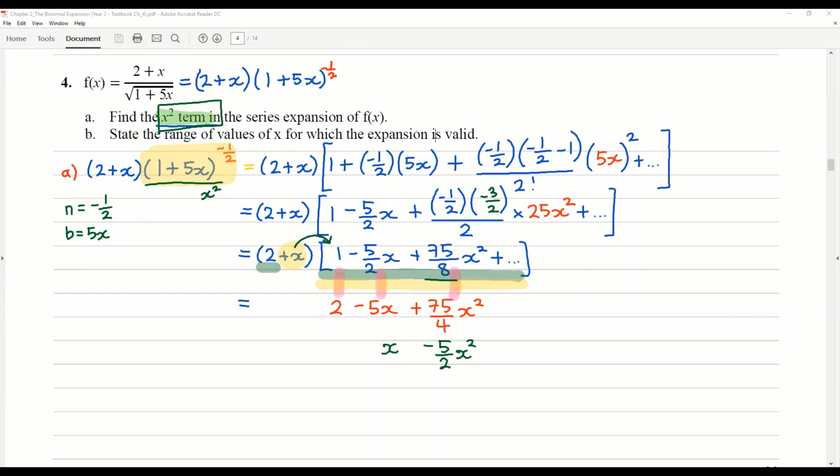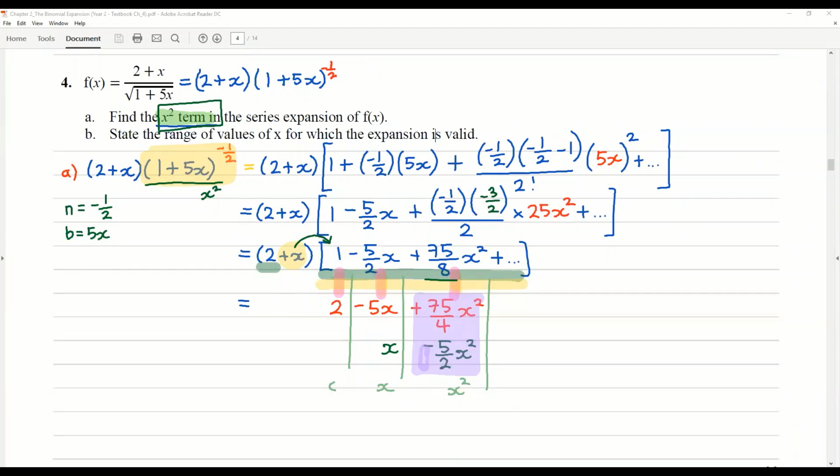All right. So now I've done that, I've got my constants here, my x's here, my x squareds here. And what I need to do is just add up my x squareds. So I need to add up these two terms, and I've got my answer. All right, so let's do that. I hope that's clear, guys.